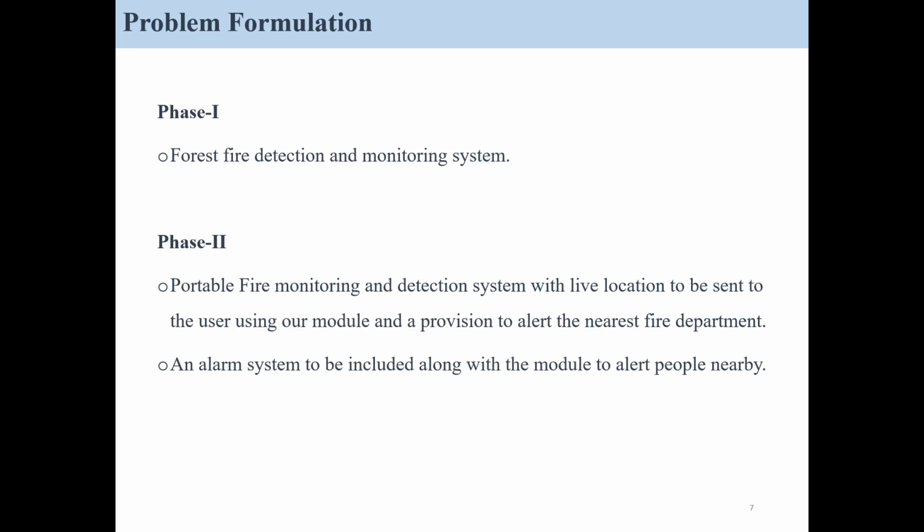And in the second phase, we have made a portable fire monitoring and detection system with live location to be sent to the user using our module and a provision to alert the nearest fire department. An alert system is also included along with the module to alert people nearby.